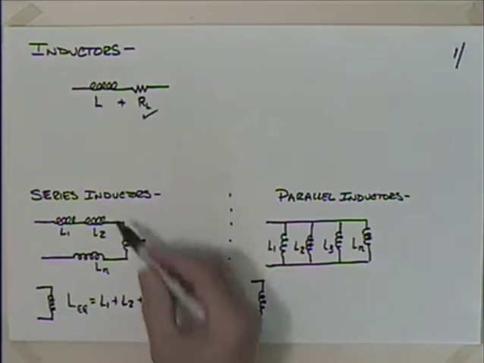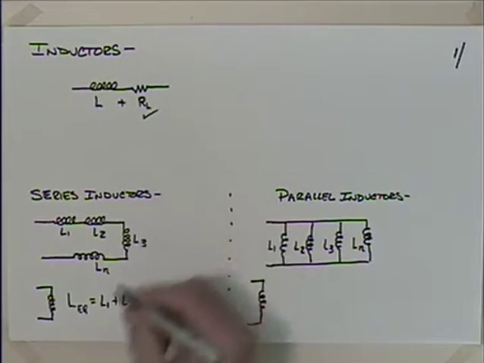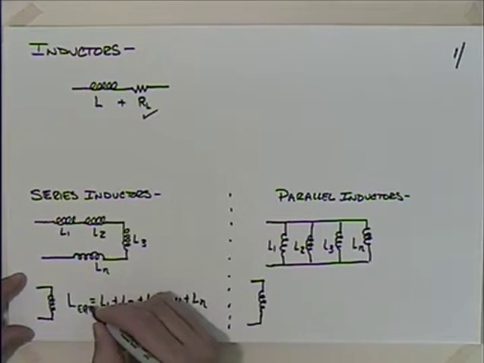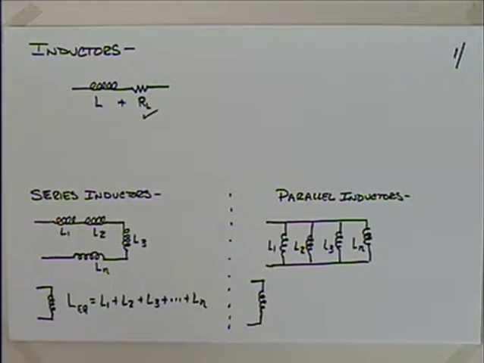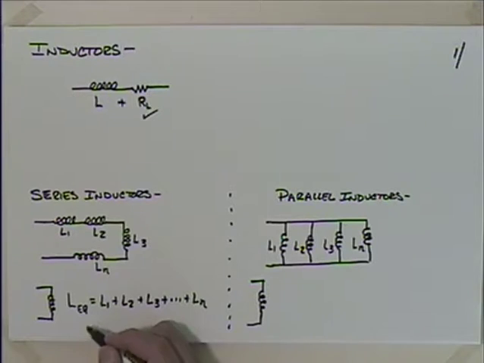Now you're probably going to have some resistance with each of these, and you could sum up that resistance too. I'm not going to try and hide my mistake with that, but that would be something to think about. But with these inductors here, this would be the equivalent inductance, not the equivalent resistance.